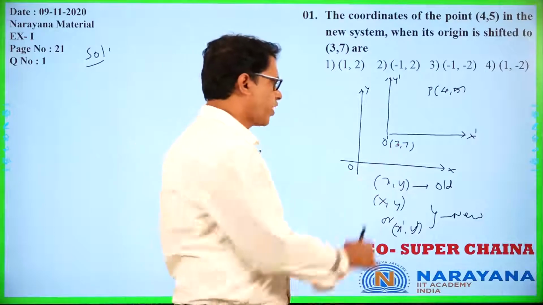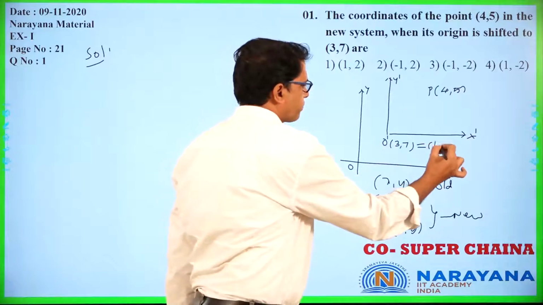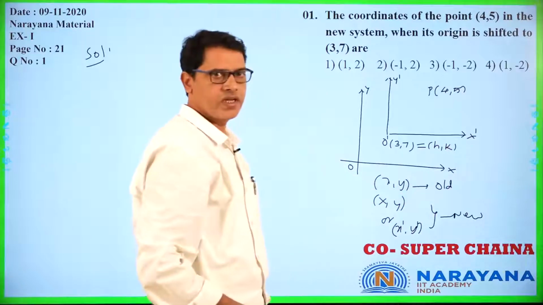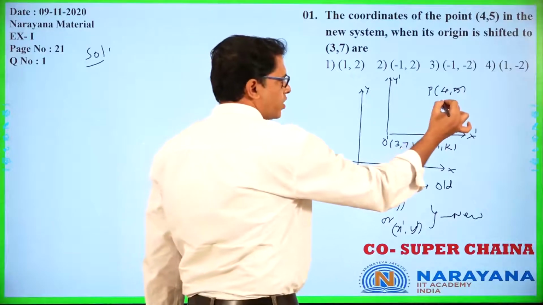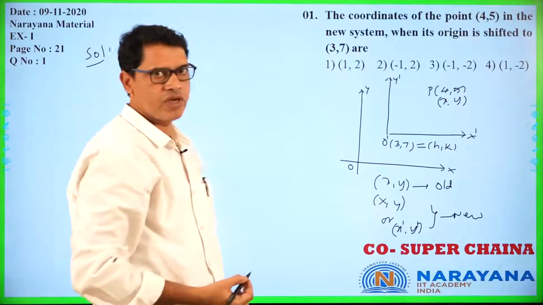Now here we always take the translated point as h comma k. So the original coordinates small x, y are given, and we have to find capital X, capital Y.